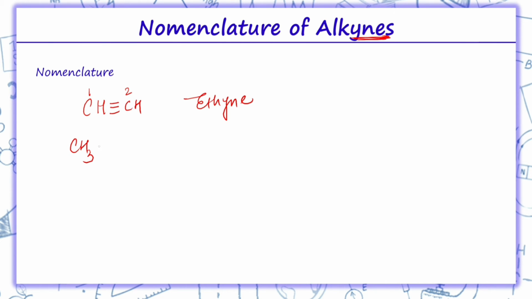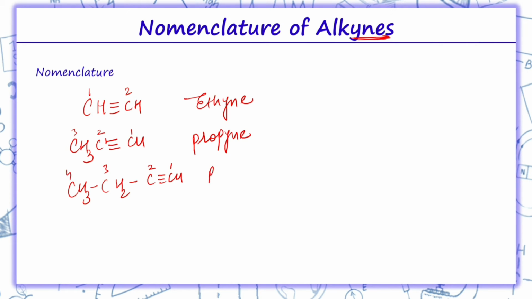Similarly, the next structure is CH3 C triple bond CH. Here 1, 2, 3, there are 3 carbons, so its name will be propyne. Then next CH3 CH2 C triple bond CH, 1, 2, 3, 4 carbons are there, therefore its name is butyne.